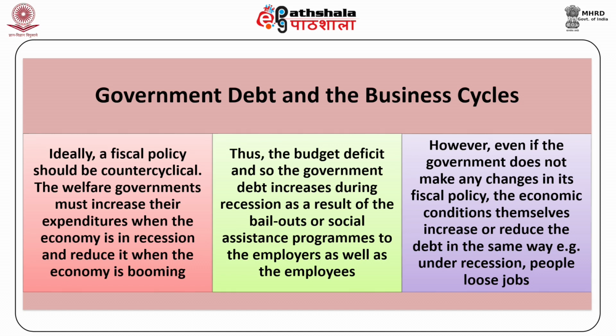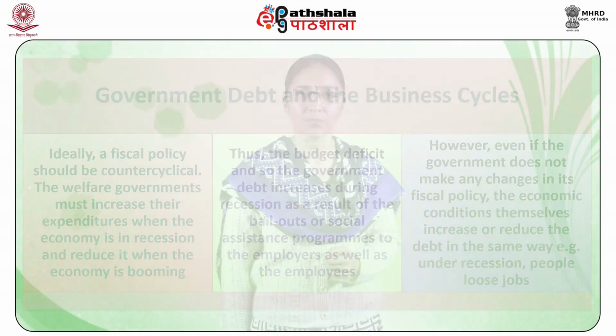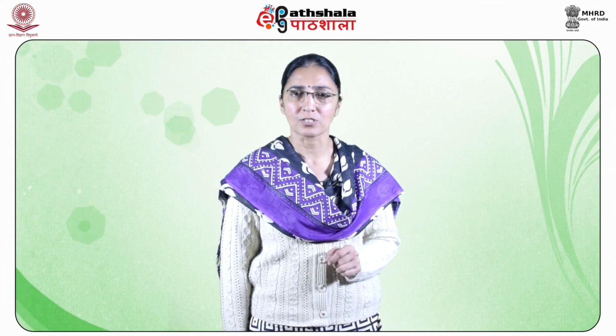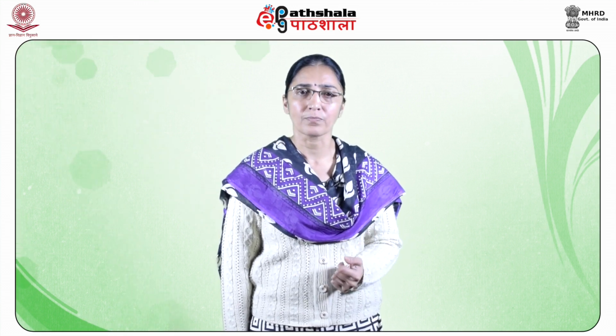For example, under recession, people lose jobs. With dwindling incomes, the tax collection by the government falls, and if there are any unemployment allowances, the expenditures increase during recessions. Under such conditions, more of the people will be using the government run programs such as subsidized health and education, etc. This will increase government expenditure and reduce its revenue even if there is no policy change.